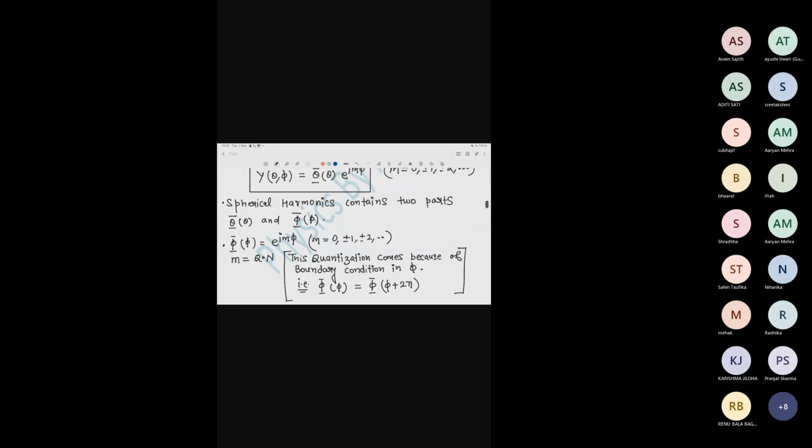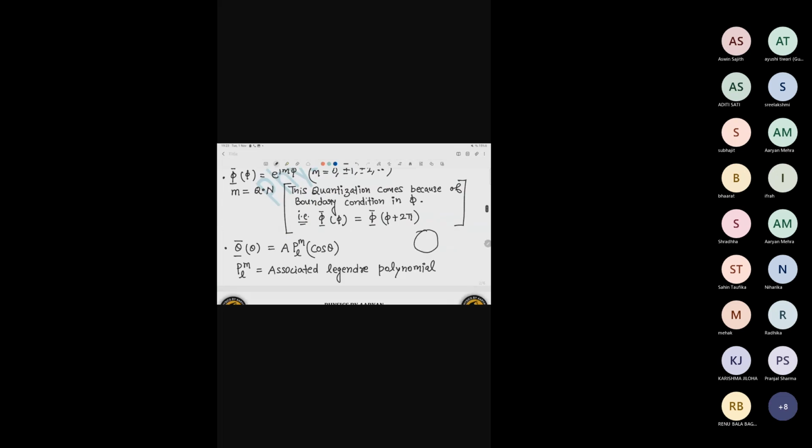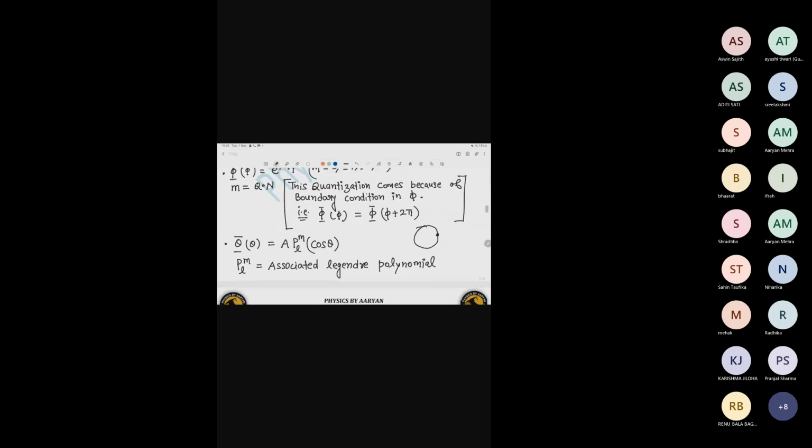So let's say you have a sphere. If I have some solution on this point, and I take a complete turn and then again come back here, my solution should be the same. So whatever my wave function is at phi, it should be the same at phi plus 2 pi. Do you all agree? It's a very simple boundary condition.